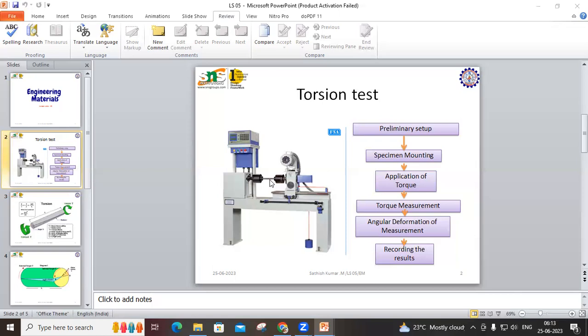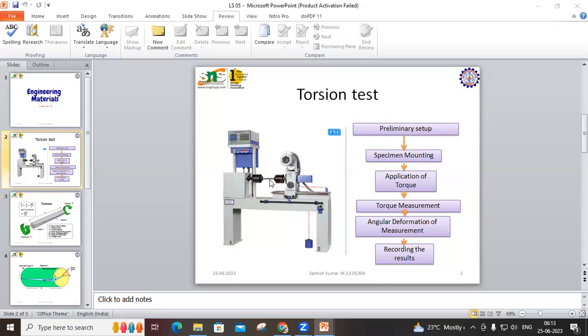Then comes the calculation of mechanical properties: the torsion test results can be used to calculate various mechanical properties such as shear modulus and shear strength of the material. These calculations are based on the geometry of the specimen, recorded torque, and twist angle data.